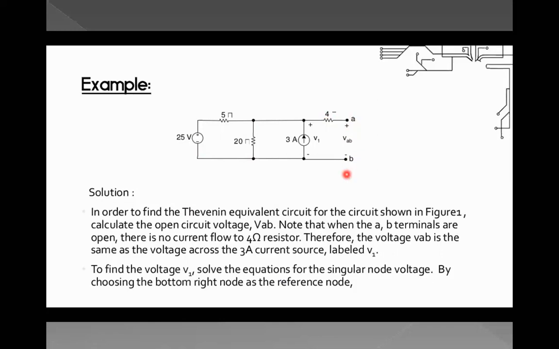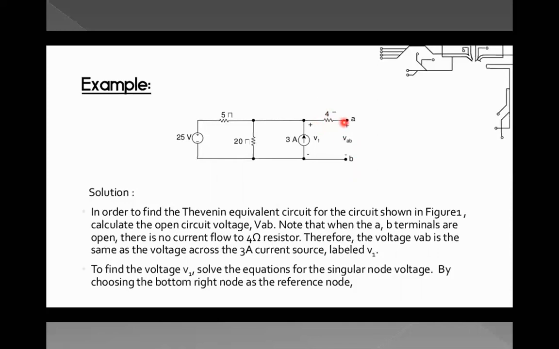In order to find the Thevenin's equivalent circuit for the circuit shown in figure 1, calculate the open circuit voltage VAB. This is an open circuit voltage because these two terminals, labeled A and B, we kept open. Note that when the terminals A and B are open, there is no current flowing through this particular 4 ohm resistance.